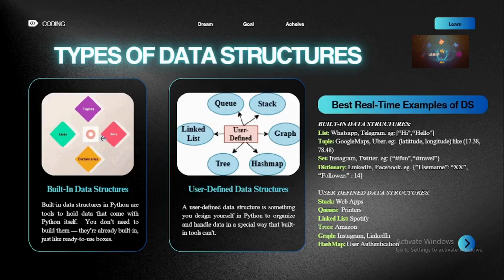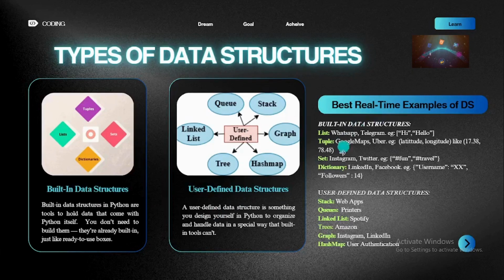Data structures are classified into built-in and user-defined. The built-in has list, tuple, set, and dictionary. When it comes to the user-defined data structures, we have tree, linked list, hash map, graph, stack, queue, and so on.